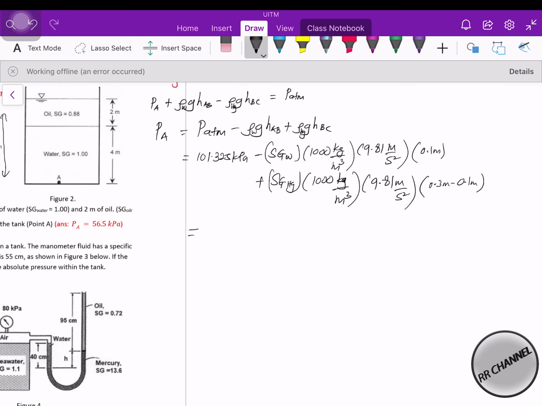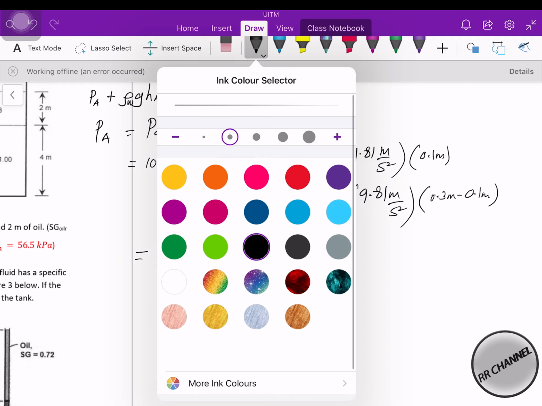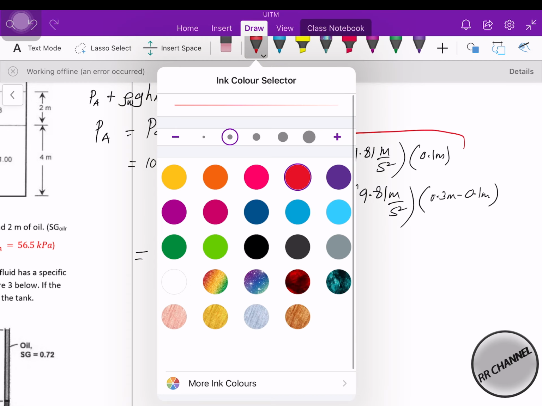When we deal with the units now, because the first term here, if you see, the unit is in kilopascal, but this term is in the SI standard unit that we use, and it will produce the unit of Pascal only.